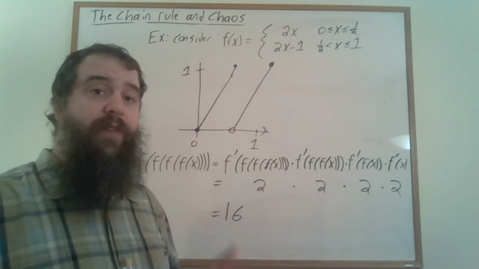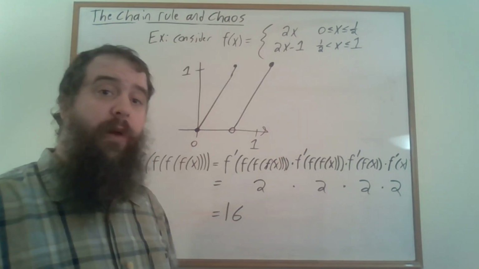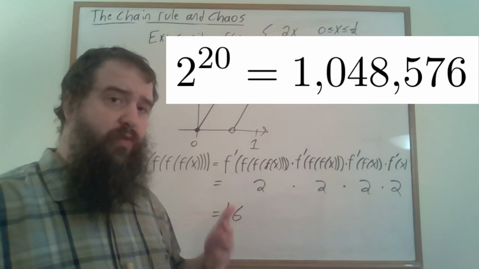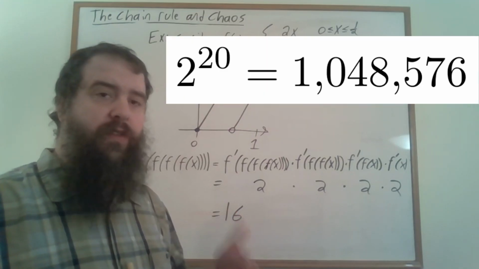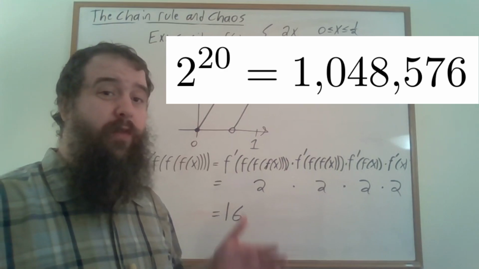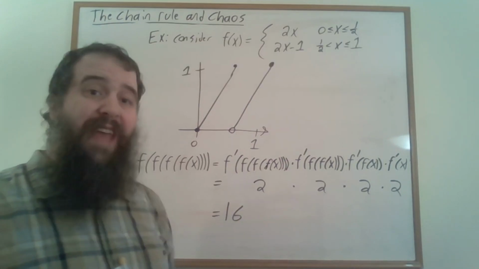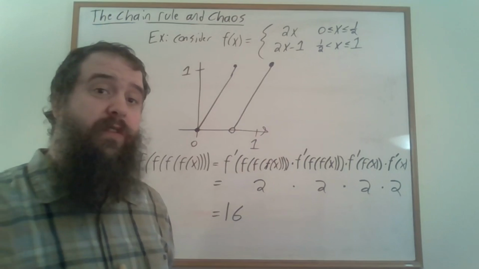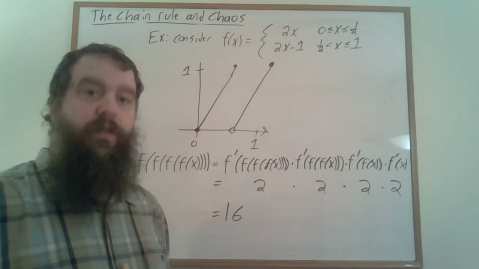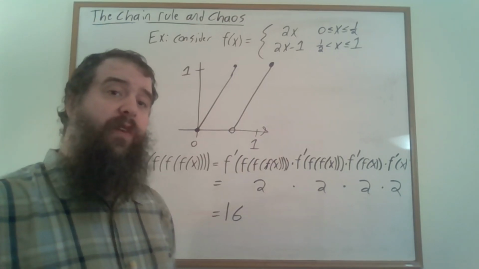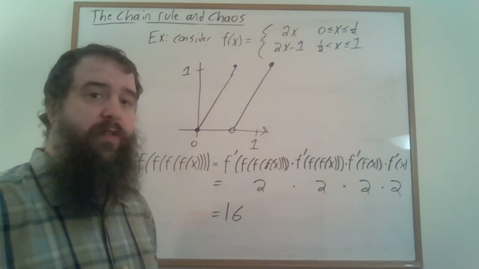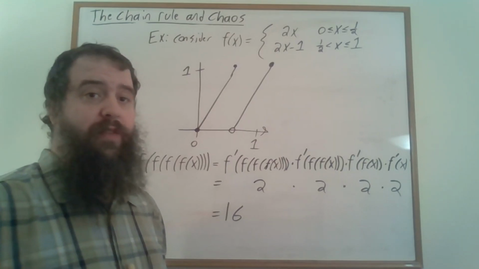And 2 to the power of n grows really quickly. If we composed our function with itself just 20 times, the resulting slope would be just a little bit over 1,000,000. And again, the slope is the uncertainty multiplication factor. So in order to control the output of this function, we would need a massive amount of control over the input of this function.